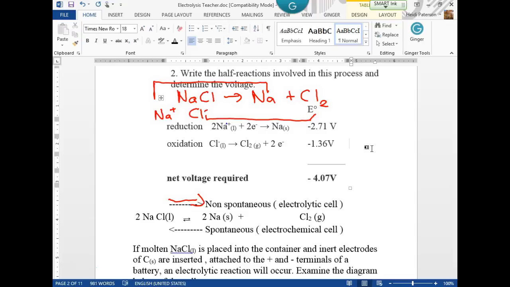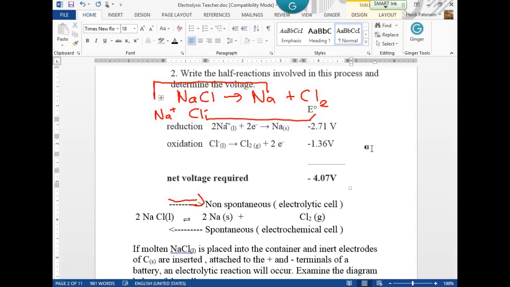If we use liquid sodium chloride, we have to use an inert carbon electrode. Why do you think we have to do that? Do you have your mobile technology? Can you please look up the melting point of salt?